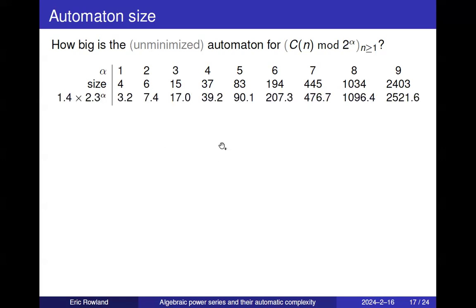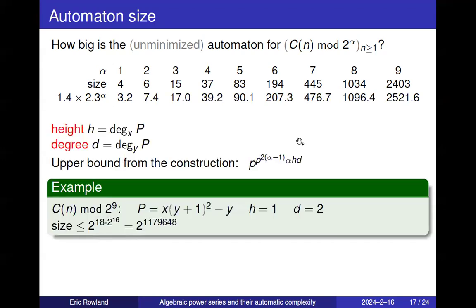This is basically an exponentially growing sequence, so you can fit a curve to it. It's about 2 to the alpha. What we see when we do these experiments is that this 2 is probably this 2. It's probably something like p to the alpha that we expect. But the bad thing is that the upper bound that the construction gives is doubly exponential.